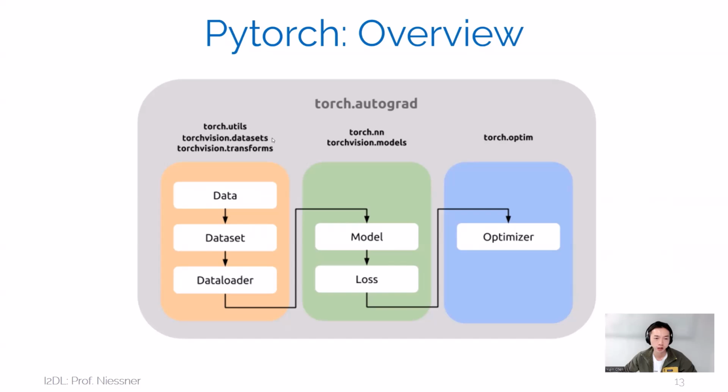And for torchvision datasets, you don't even need to define very common datasets like CIFAR10 or ImageNet, or other 3D datasets. You can directly import some library or functions from torchvision datasets. Maybe one line of code can load the dataset.